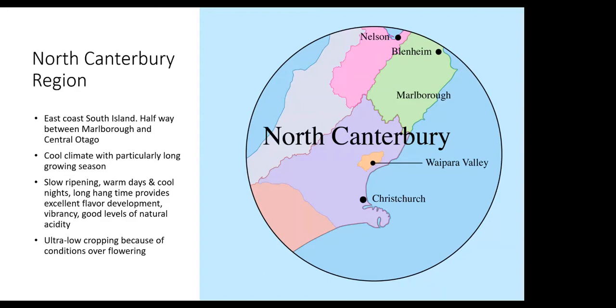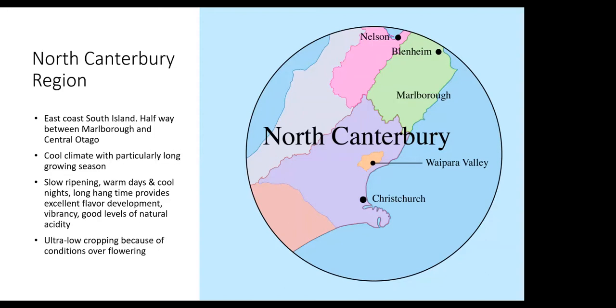And the other thing is really ultra low cropping. Over our flowering period, we often get quite unsettled weather, which is a little bit like Martinborough region as well. We have similar weather patterns to Martinborough, and Martinborough is also known for very small crops because of that weather over flowering.